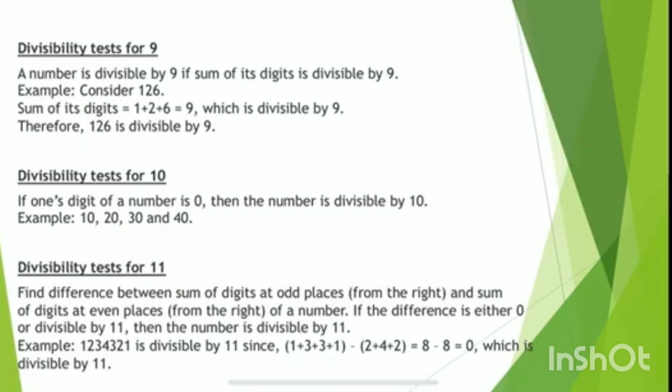Second step, we have to find the digits at even places and add them. Now what we have to do? We have to subtract the two sums, and if the result comes out to be 0 or is divisible by 11, then the whole number is divisible by 11.